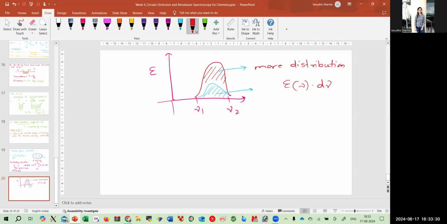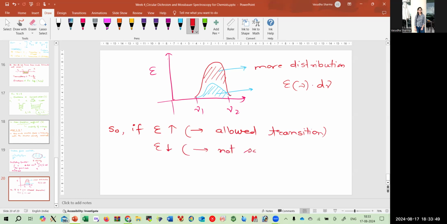Now there are certain things. If epsilon is high, then it is an allowed transition. If epsilon is low, then it is not so allowed a transition.